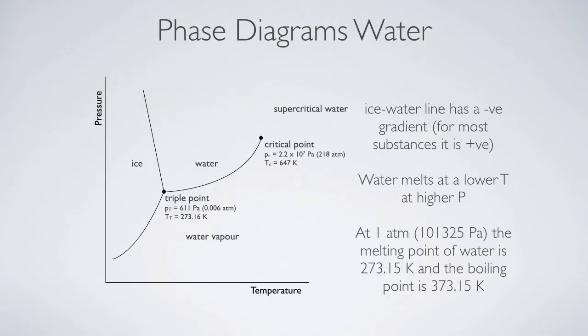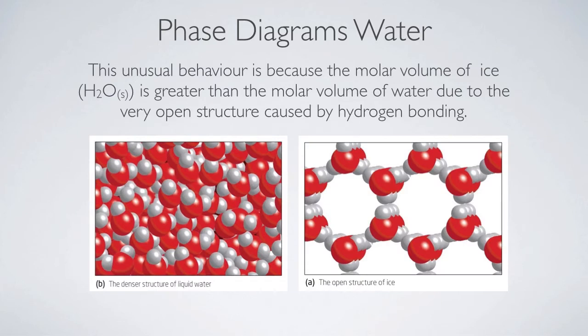The water phase diagram is a little different because now the phase boundary between the ice and the water phases, so the ice and the liquid phases, is negative, which is unusual. This is due to the structure of water in its frozen and liquid forms. We can actually see that for ice, the structure is less dense.